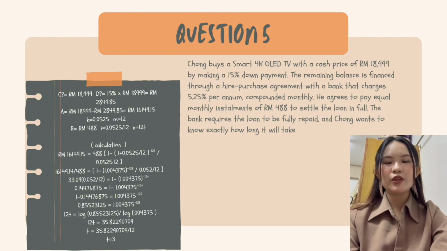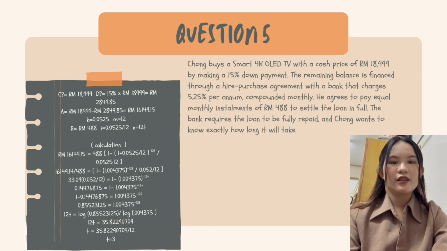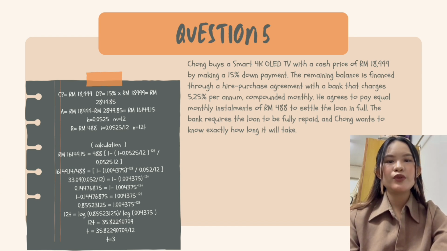And then you move the 1 to the other side. So 1 minus 0.1447685 equals 1.004375 to the power of negative 12t. And then 0.855232125 equals 1.004375 to the power of negative 12t.